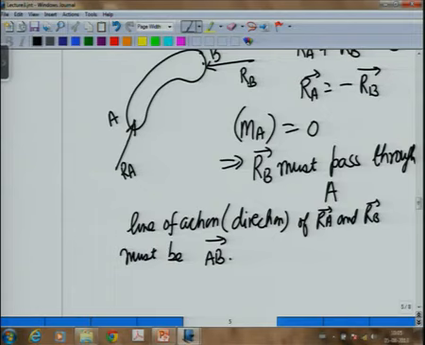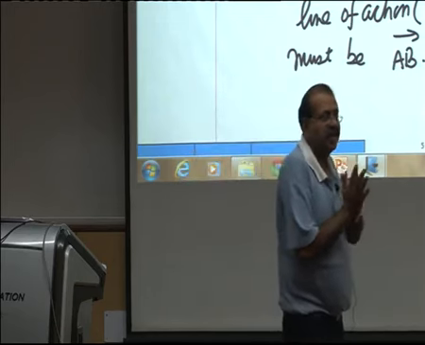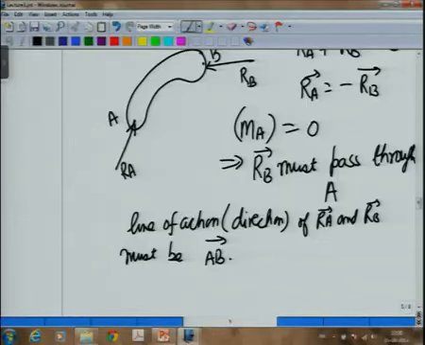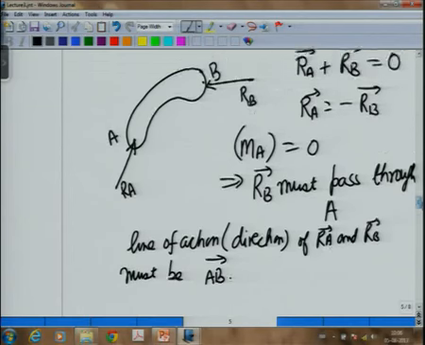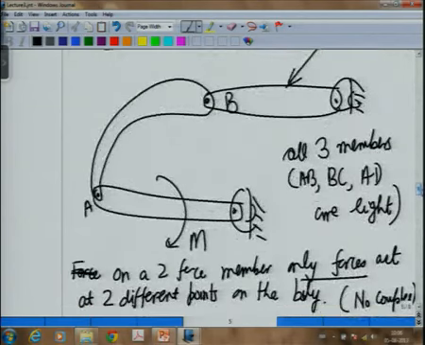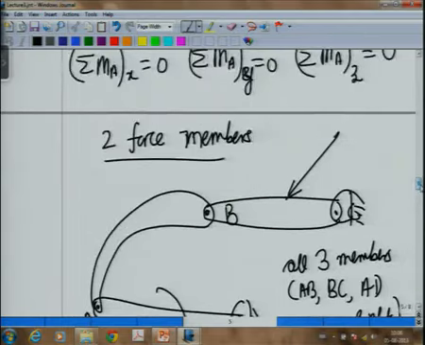So that means, now when I talk of the unknown force, I get only one single unknown, which is a single RA or RB with its line of action known. Now, where does this simplify things? It simplifies things. For example, if you have to draw the free body diagram of BC.